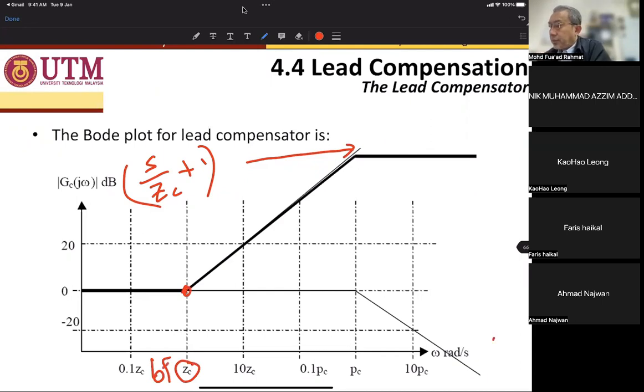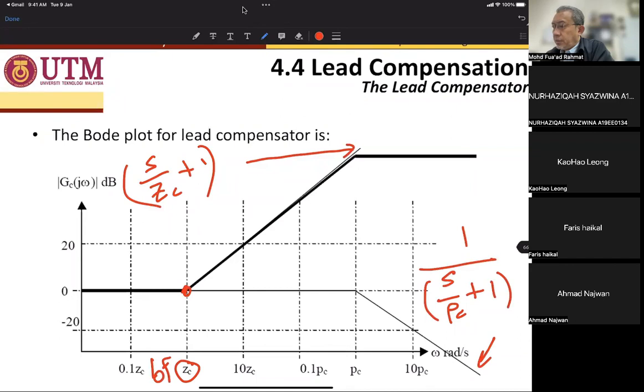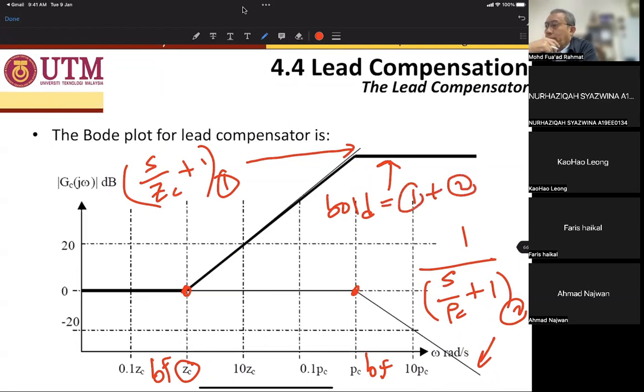And then this one, where PC is the break frequency. So the combination, the total between the first one and the second one, will be the bold color. Okay, bold response.